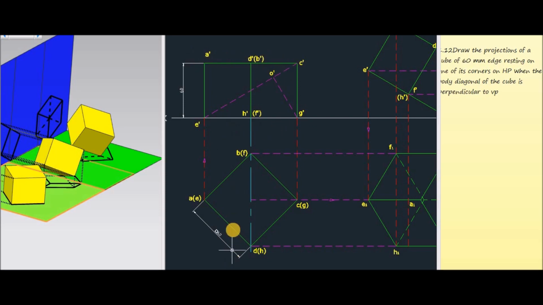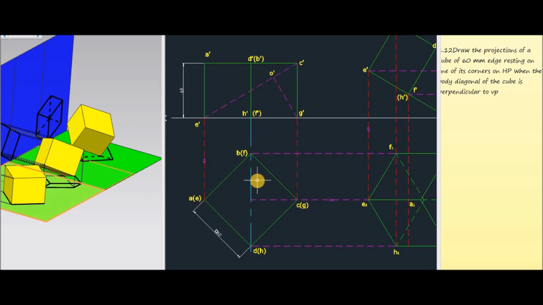That is the representation. Then we are going to draw a straight line joining the opposite corners E dash and C dash. Now this E dash C dash represents the body diagonal.